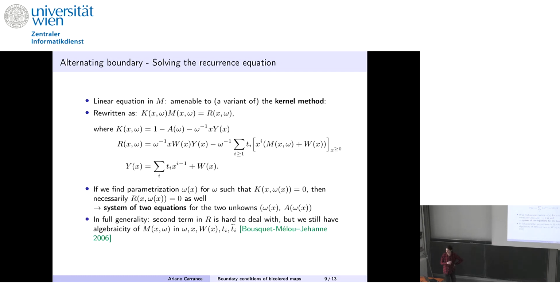As I've just said, if you stay in full generality, these extra terms in R are hard to deal with in this version of the kernel method. So you don't get a nice explicit expression, but you still have general theorems that tell you that M, and so in particular A, are algebraic in all these variables.